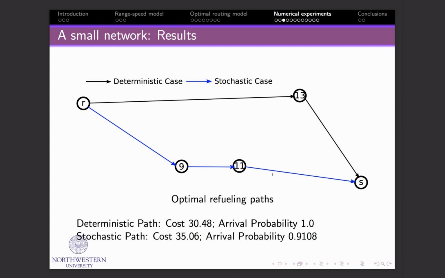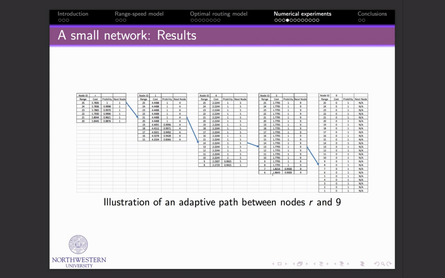The actual distance from node R to node 1 is 3 miles, but due to stochastic traffic conditions, the ideal distance could be larger than 3 miles. In this example, the driver arrived at node 1 with a remaining range of 21 miles. That means the ideal distance between node R and node 1 is actually 4 miles.